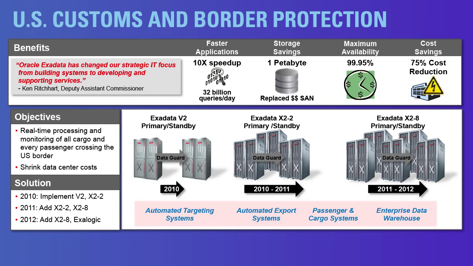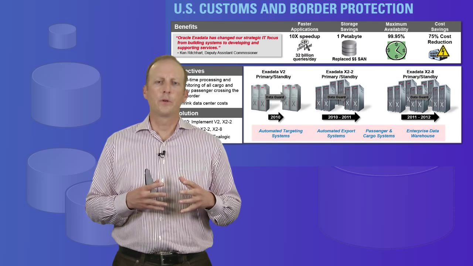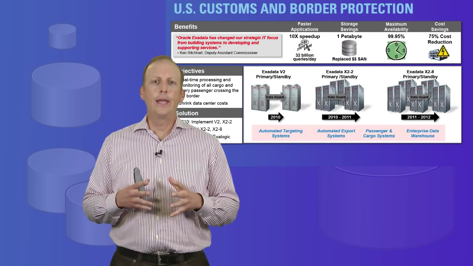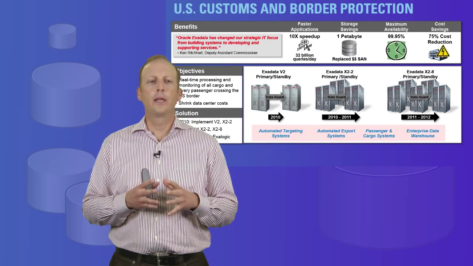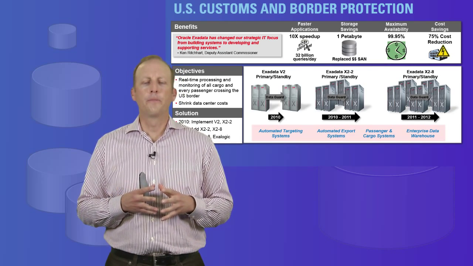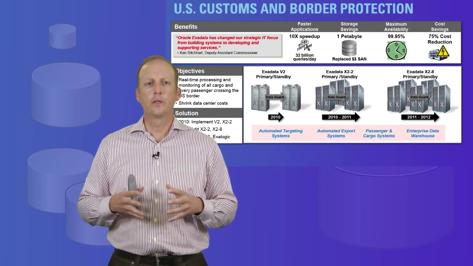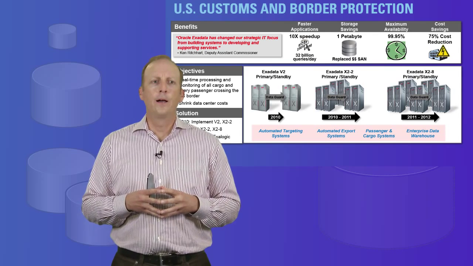All of these combined give them huge performance gains, but also huge cost savings, and they haven't had to skimp on anything as far as scalability or performance or any of the enterprise key metrics that these big companies look for.